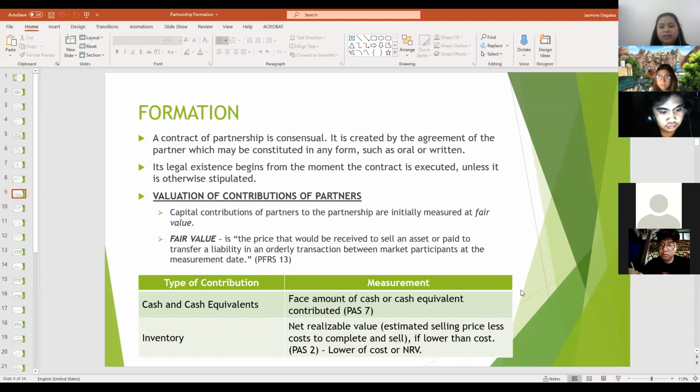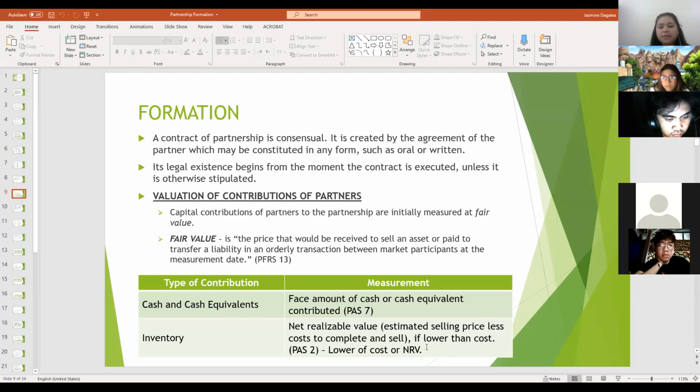And in selling the inventory, you will be incurring costs such as delivery cost or any other cost associated with selling that inventory, let's say, for example, 150. So your NRV is 150. The cost of your inventory is 200. So which is lower, NRV or cost? NRV, right? Your NRV is only 150. So you will measure your inventory at NRV.